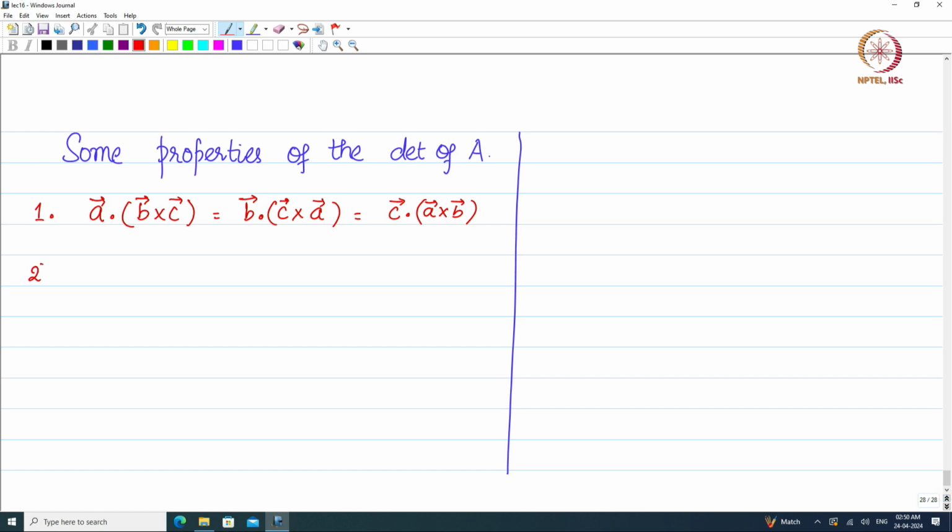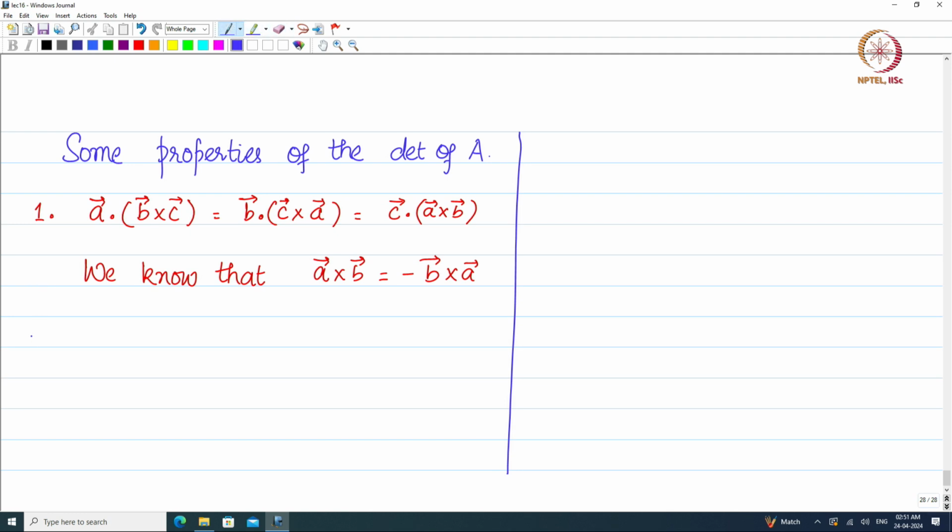So, we know that A cross B is equal to minus B cross A. This also we proved in the previous lectures. So, as we follow all these things, we are going to have a set of properties for the determinant. So, we are going to look at all that.